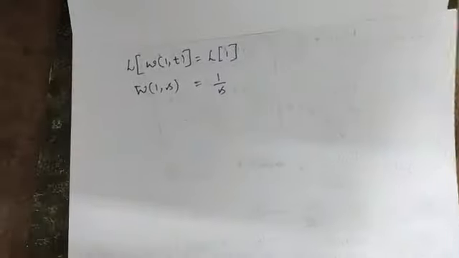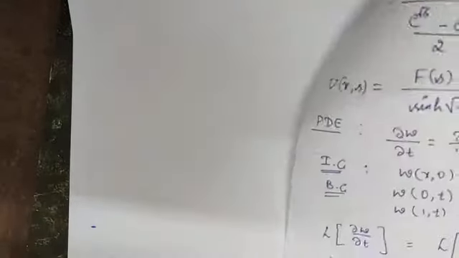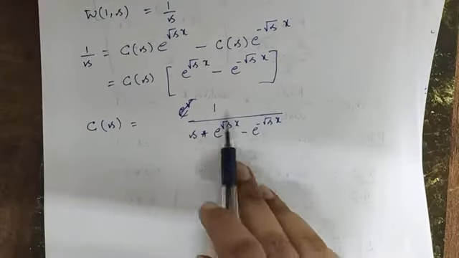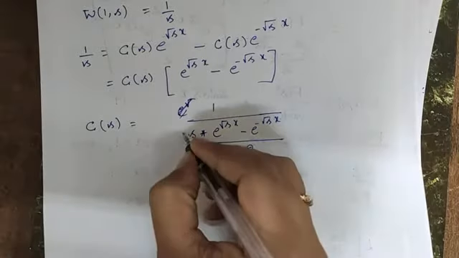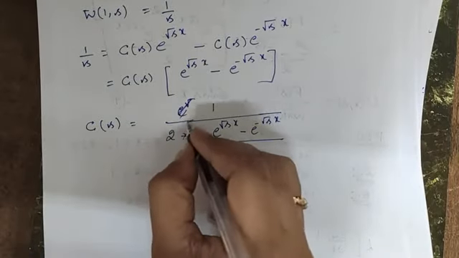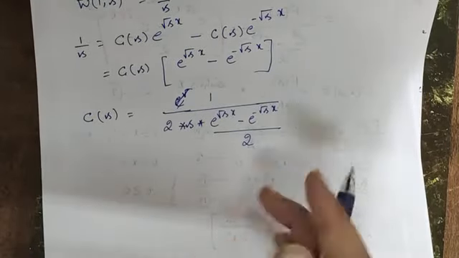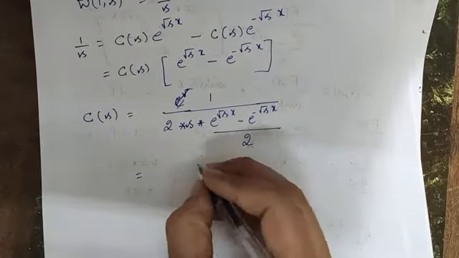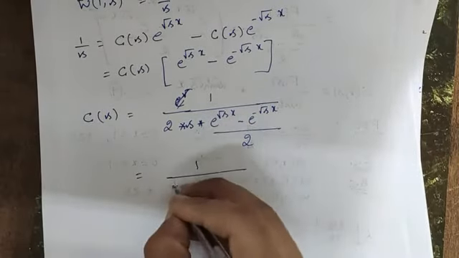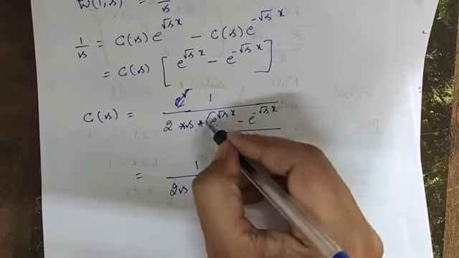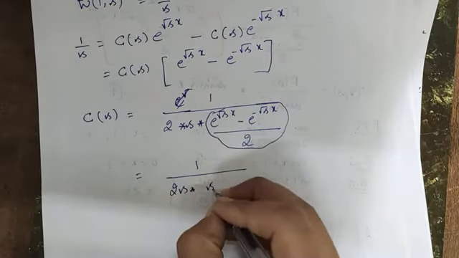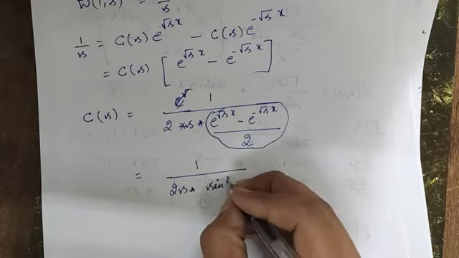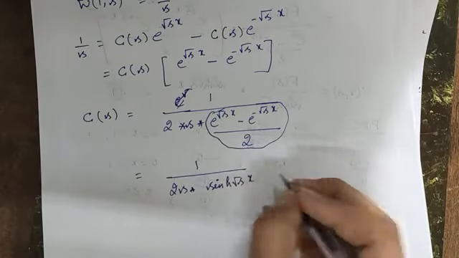So if you apply this in your solution, this is what you will get. Again I will divide and multiply by 2 for simplicity. I will get 1 over 2s as it is. Using hyperbolic function, this is nothing but sine hyperbolic root s into x.